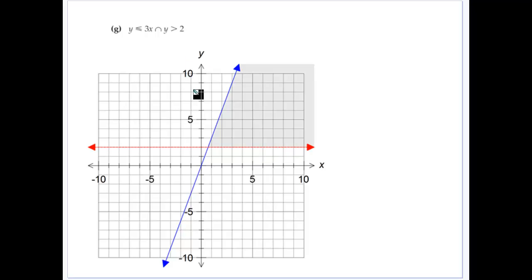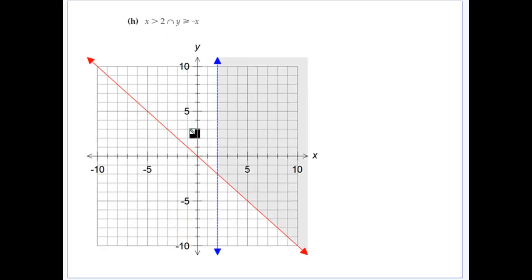So we can see that that part needs to be shaded there. And then h, x is greater than 2, so the vertical line there. Y is greater than or equal to minus x is that one. And so again, pick 1, 1. 1 is greater than or equal to minus 1, so we shade the top side of the line there. So where do they hold at the same time, simultaneously? It would be that region there.